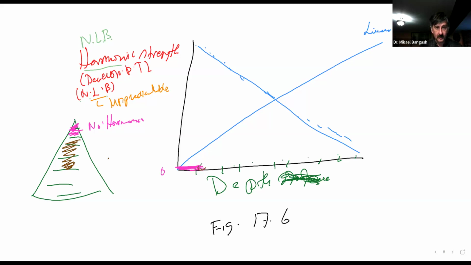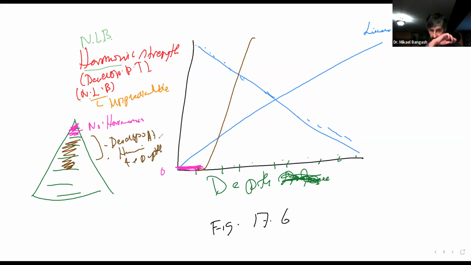That's where all of a sudden, zoom, this is where the harmonics develop, at increasing depth. But what we also said was that it was unpredictable.